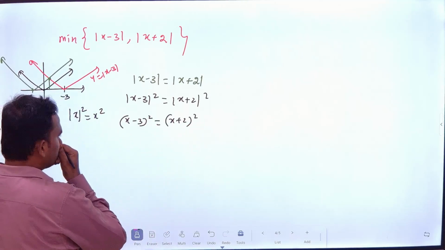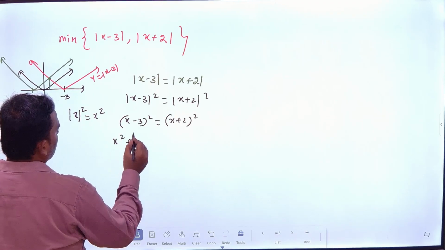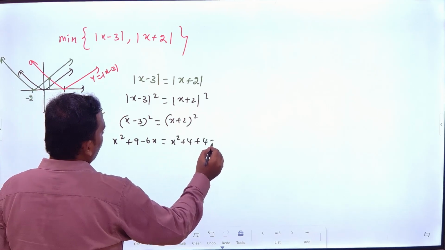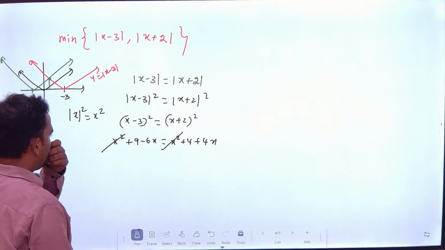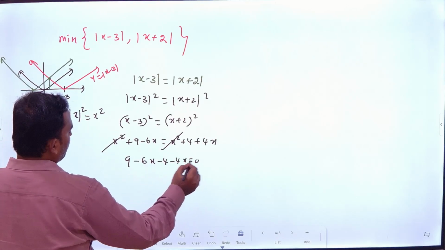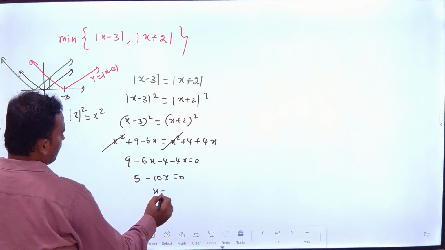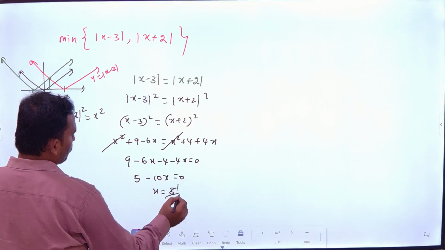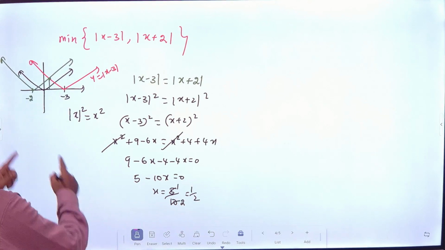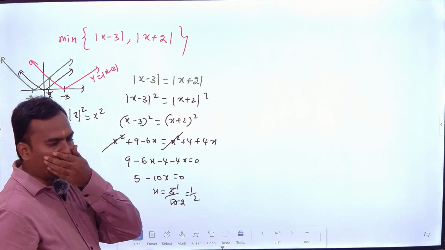Expanding: x square plus 9 minus 6x equal to x square plus 4 plus 4x. x square cancels. Sending everything to one side, 9 minus 4 is 5, minus 10x equal to 0, therefore x is equal to 5 by 10, which is 1 by 2. That is the point at which these two curves meet.